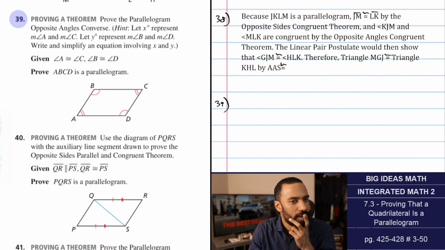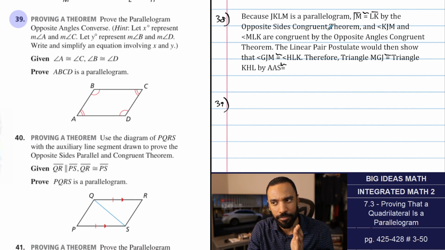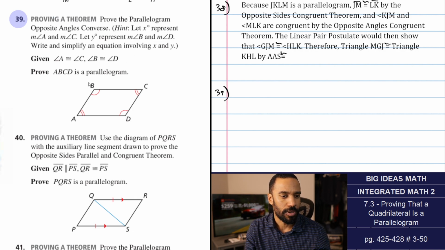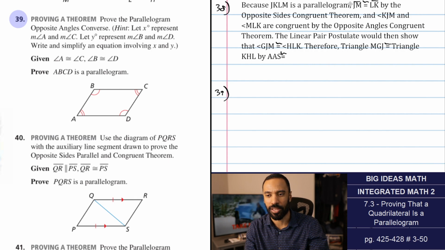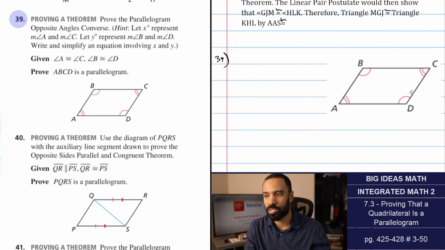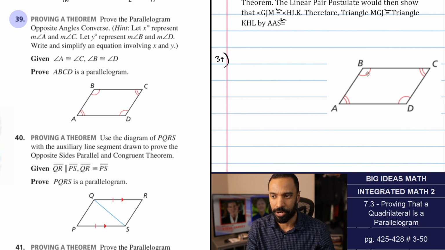They never brought up the same side interior angles thing that I kept bringing up. I feel like we can go without the diagonals if we do that. Because if we show that we have sets of same side interior angles, then we could say that lines are parallel that way. So let's do this instead. I'm going to bring up some basic thing that says I have congruent angles here, congruent angles here.